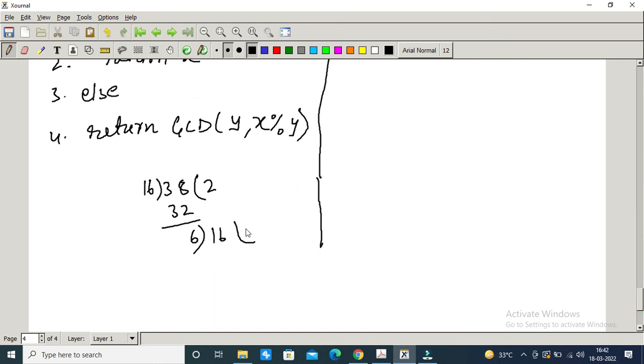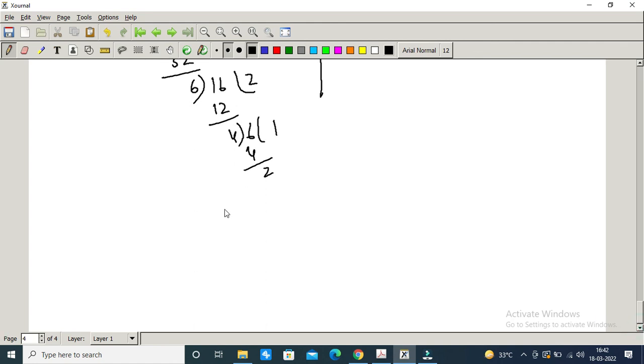So now 6 and 16, and then this is your 4. Then again 6. This is your 2, right? And now this is your 4, this is 0. So now the y has become 0, so it will return the 2.